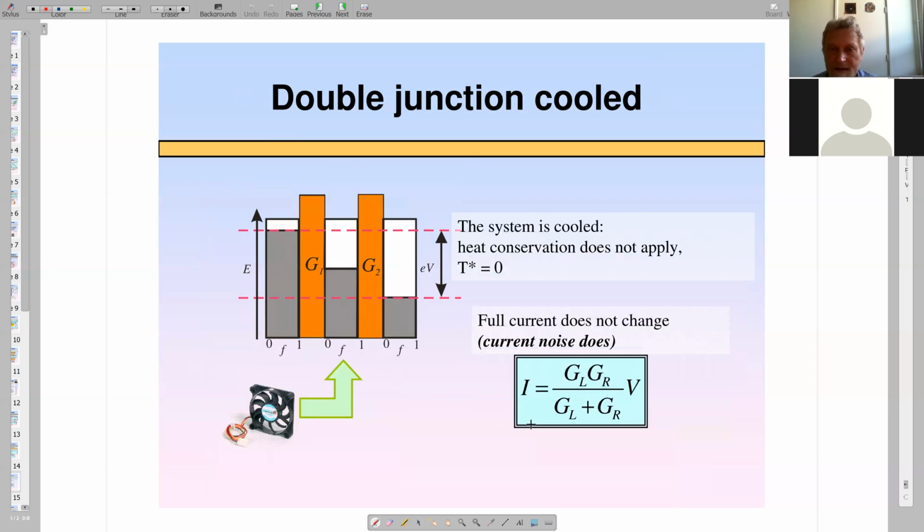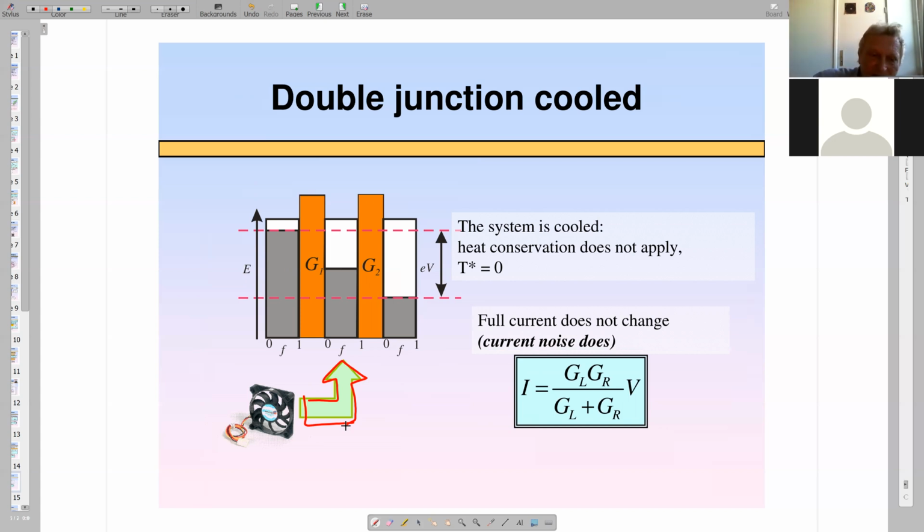Right. Third situation, a very simple one. Suppose the junction is so big that it can give energy to the environment. Well, suppose it's part of a computer, and I just put a fan, a cooler, on this. Well, okay, and this works efficiently.